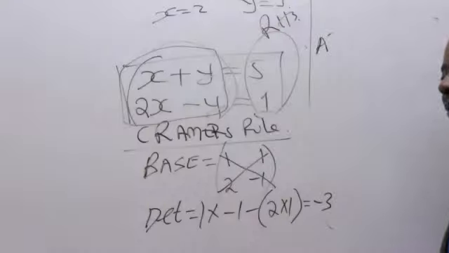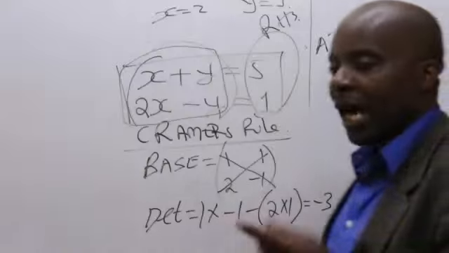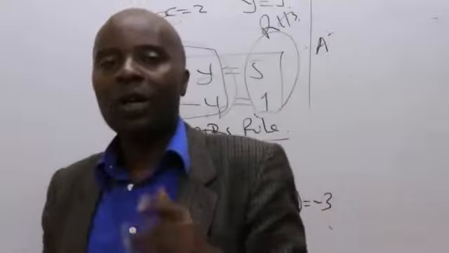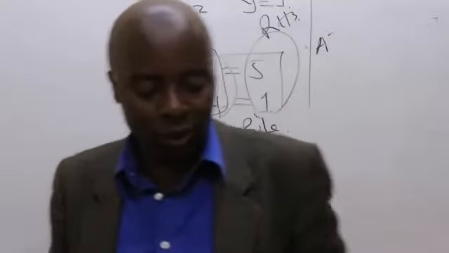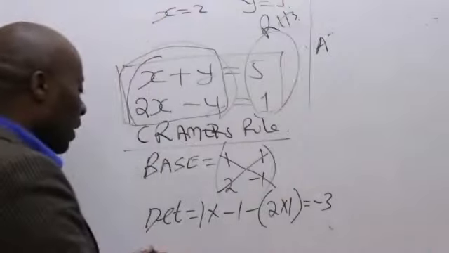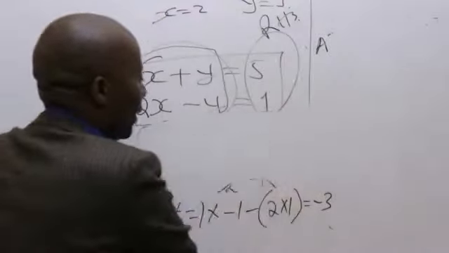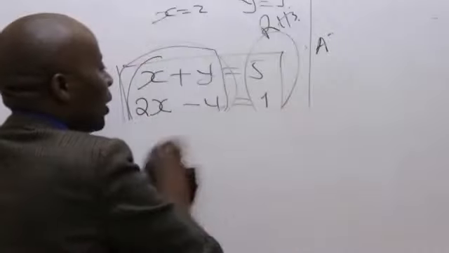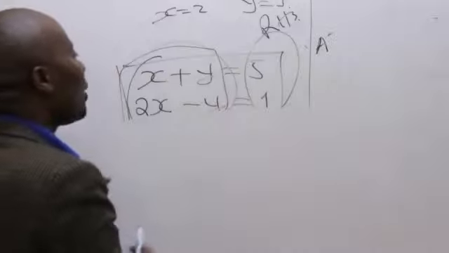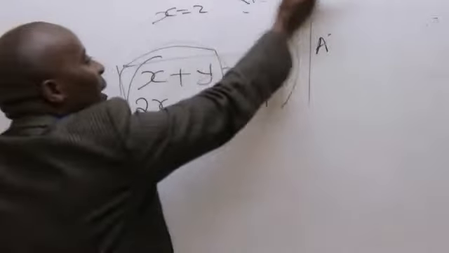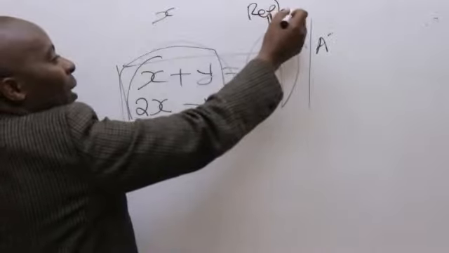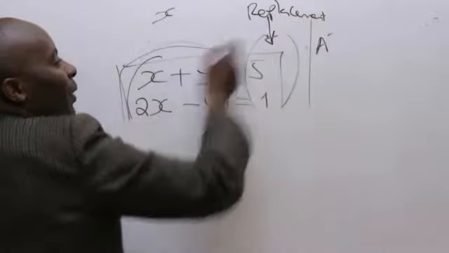Now, ladies and gentlemen, having gotten the determinant, how do I make use of the Cramer's column rule? Very easy. The Cramer's column rule is quite an easy thing to be done. Remember that under Cramer's, this column has a special name called what? Replacement.